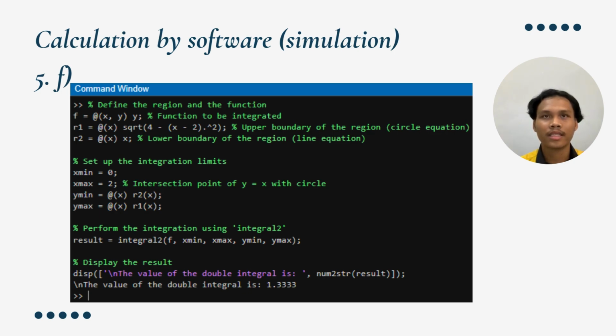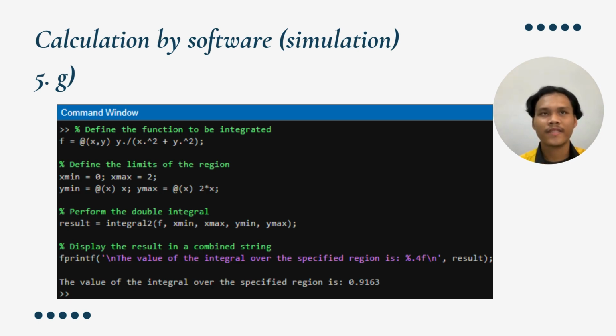Integral 2 takes the function f, the limits for x from x min to x max, and the limits for y from y min to y max. And then lastly, we write the code to display the result.